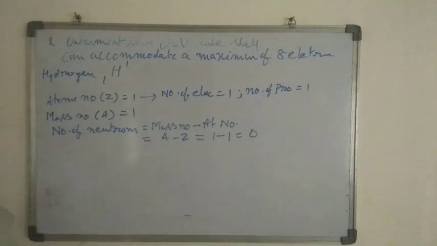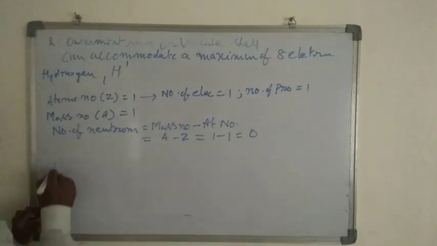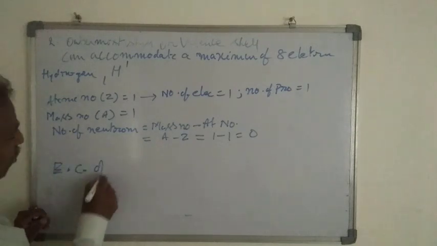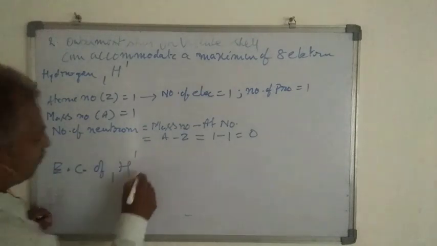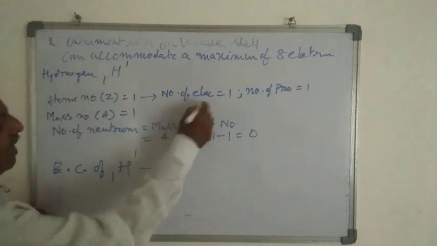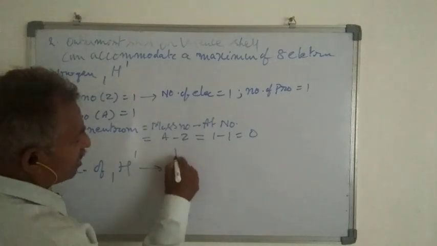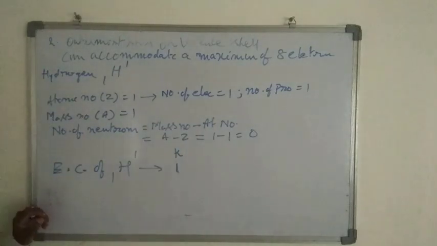Hydrogen is referred to as a neutron-less atom. Now, the electronic configuration of hydrogen: it has only one electron. This one electron enters the K shell. So the electronic configuration of hydrogen is 1 in the K shell.